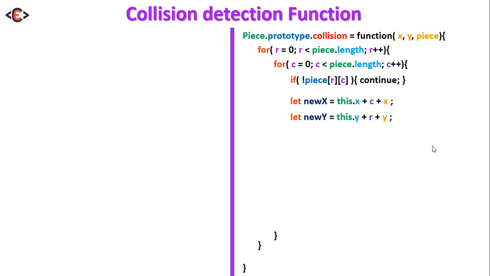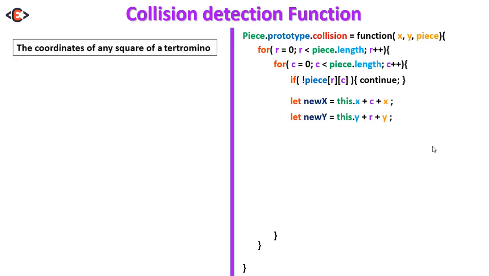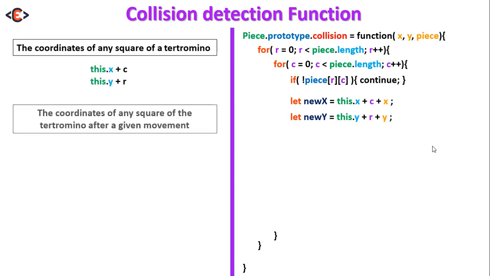Remember, the coordinates of any square of a Tetromino is this.x, the x position, and this.y, the y position. Now the coordinates of any square of the Tetromino after a given movement is this.x + c + x, the x that collision gets as argument, and then this.y + r + y.